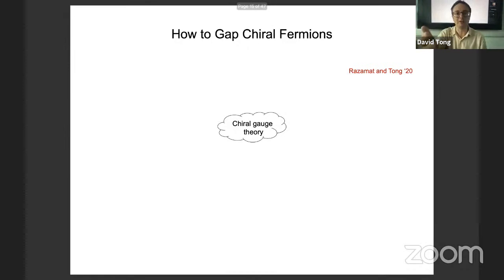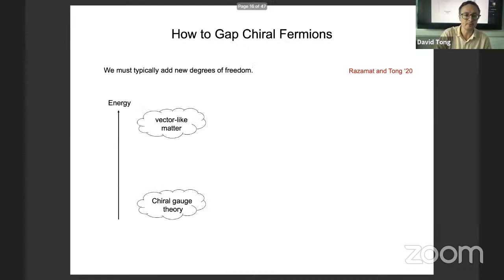All right, so I've got some chiral gauge theory coupled to some fermions. I want to give those fermions a mass without breaking the gauge symmetry. Can't just write down a mass term, obviously, because they're chiral, and I can't use a Yukawa term because that would Higgs the gauge symmetry. So what can I do? Here's the basic idea. I need to add some extra degrees of freedom into the game.